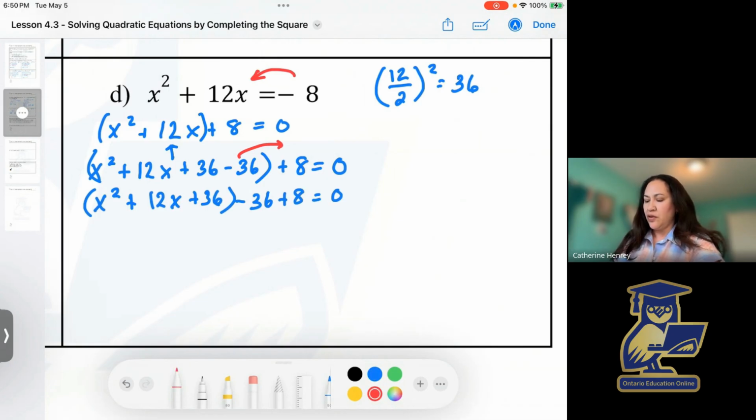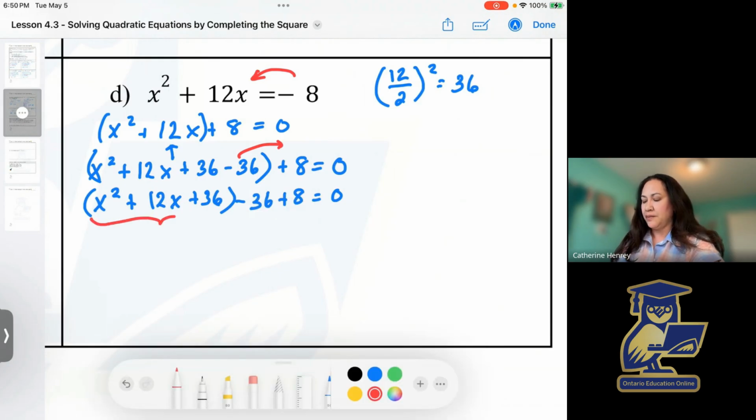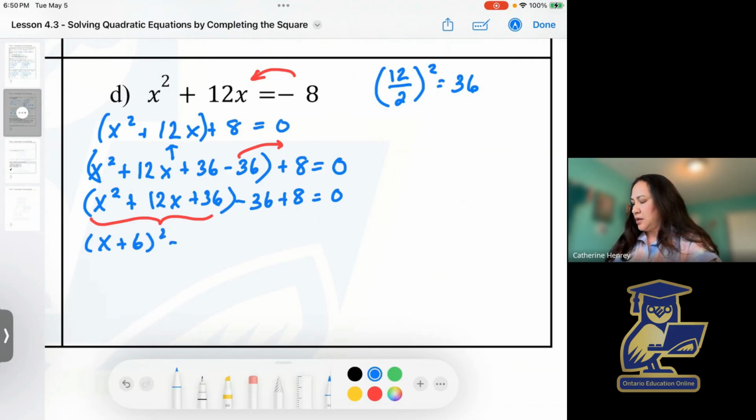So let's simplify our perfect square trinomial now here. So that will give us (x plus 6) squared minus, this is going to be 28, equals 0.